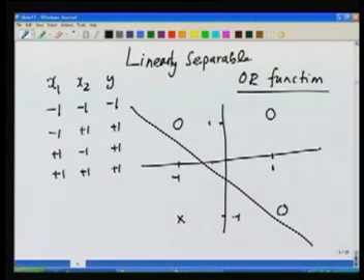For this class of input pattern the output is 1, and for this class the output is -1. This OR function is known as a linearly separable function, and it can be easily mapped using a nonlinear single layer neural network.